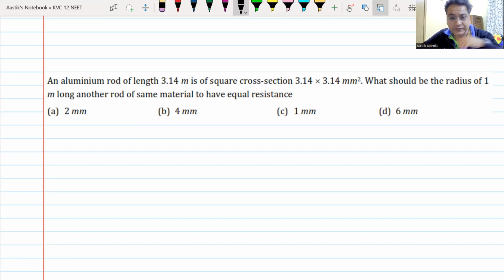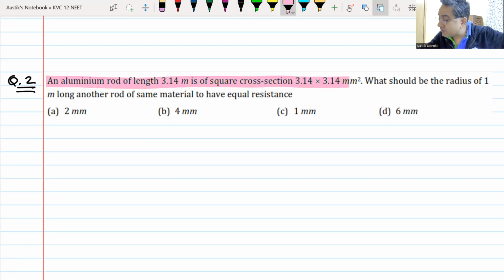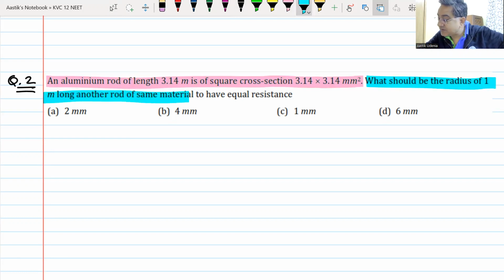So now we have one rod which is square and one rod which is circular in cross-sectional area. The aluminum rod is square in cross section. Do we understand this? Now I have one rod which is 1 meter long but circular in cross section, and I need both the resistances to be the same.